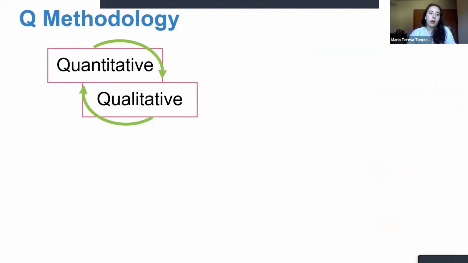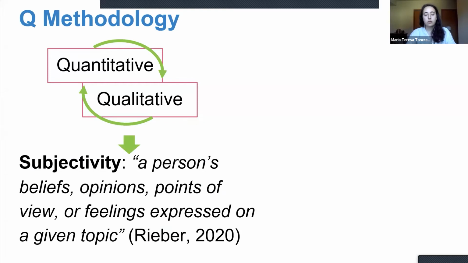To do so, we have decided to use Q methodology. This methodology uses both quantitative and qualitative methods together to investigate people's subjectivity. So subjectivity is usually referred to as a person's beliefs, opinions, points of view on a given topic.